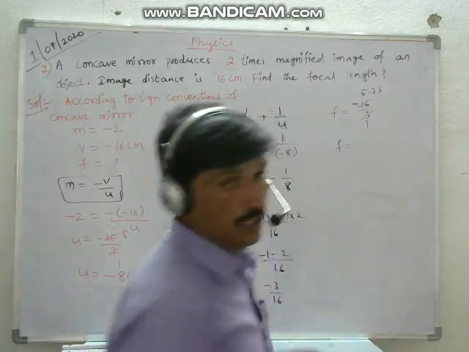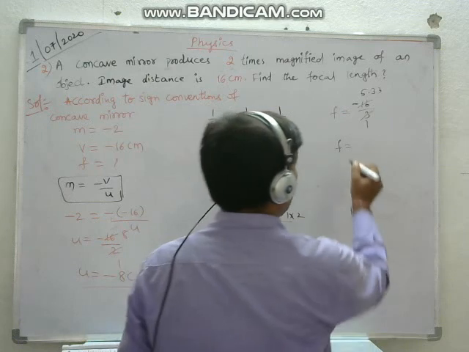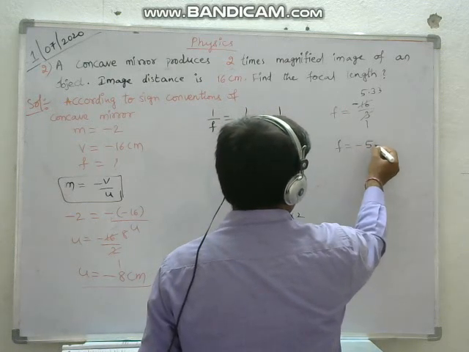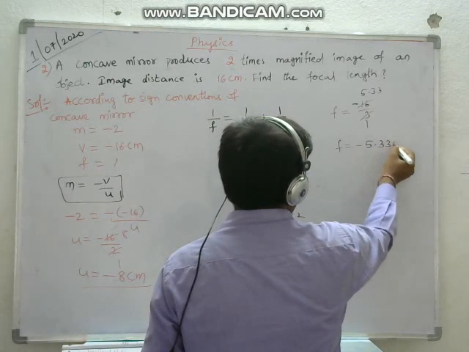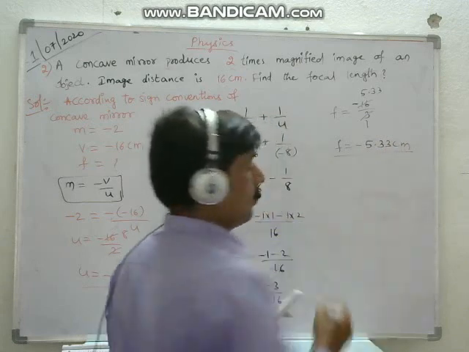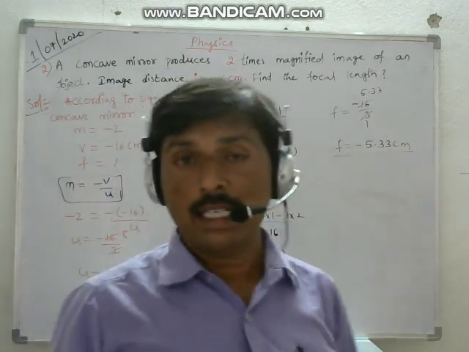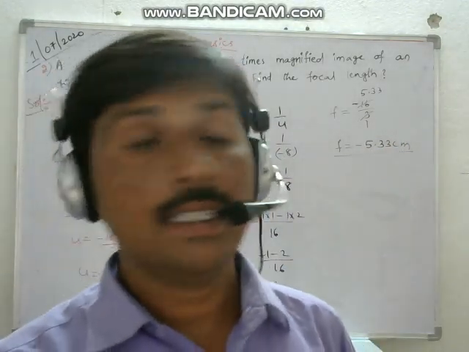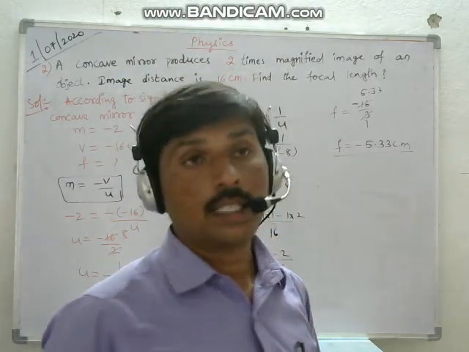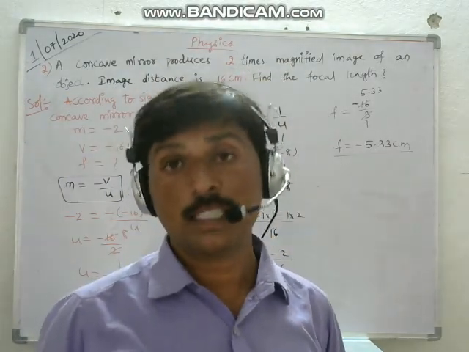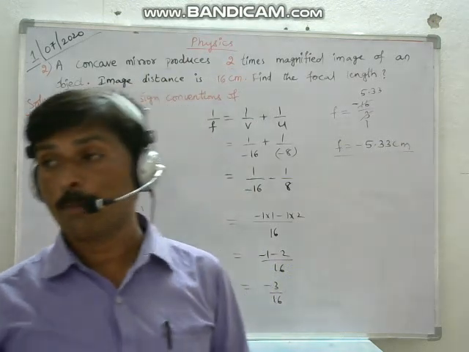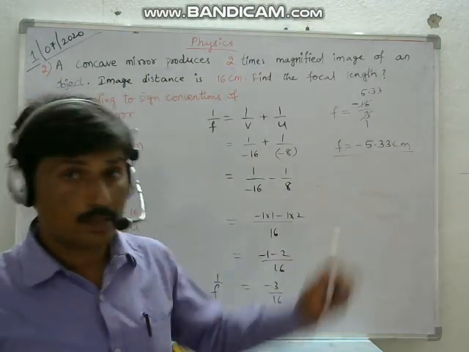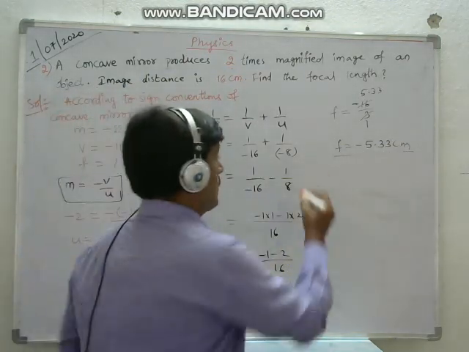Don't forget it children. Minus is very important here. The focal length of the concave mirror is minus 5.33 centimeter. Okay, the focal length of the given mirror is minus 5.33 centimeters. Now I am going to give a small problem based on the same, as homework.